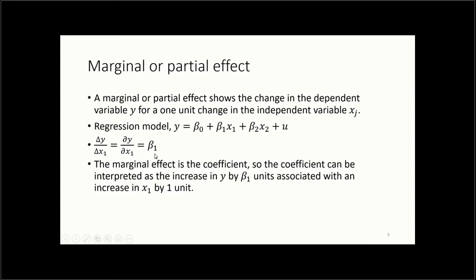So in this simple case, the marginal effect is the coefficient. The coefficient can be interpreted as the increase in y by beta 1 units for a 1 unit increase in x1.